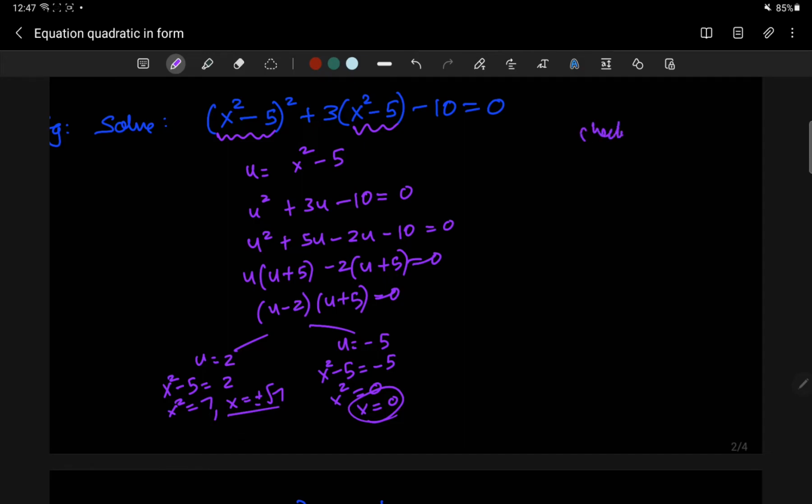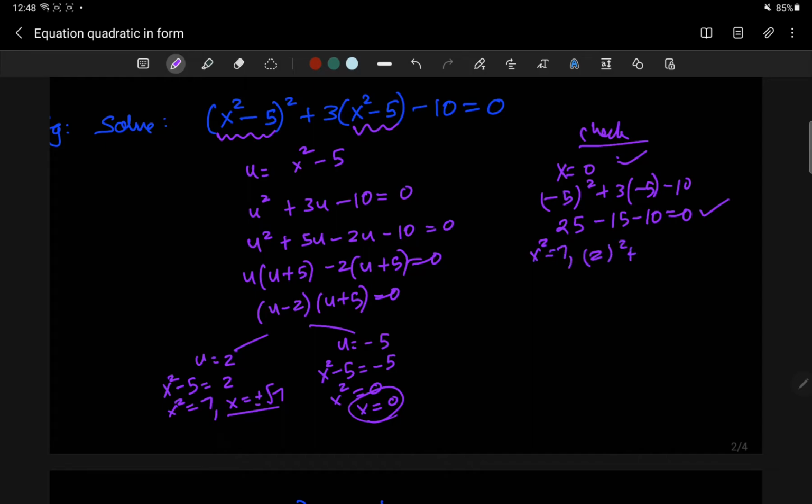So I need to check now. When x is 0, I have negative 5 squared plus 3 times negative 5 minus 10. That's 25 minus 15 minus 10, which is 0. So that's a valid solution. What about when x squared is 7? When x squared is 7, I have 2 squared plus 3 times 2 minus 10.